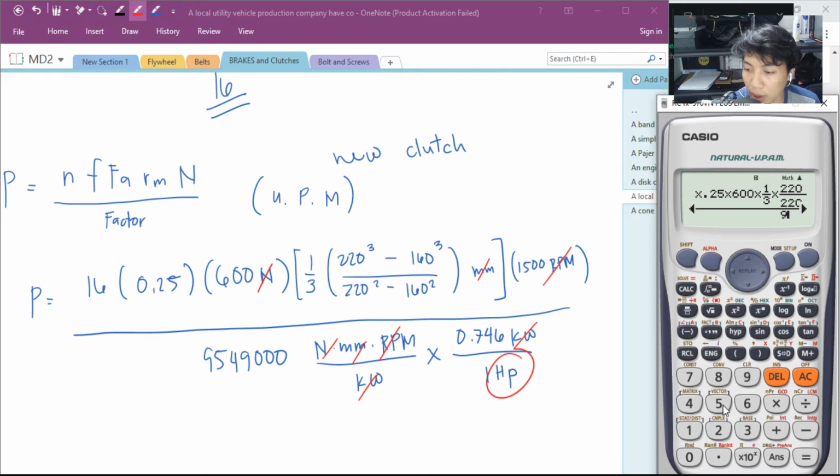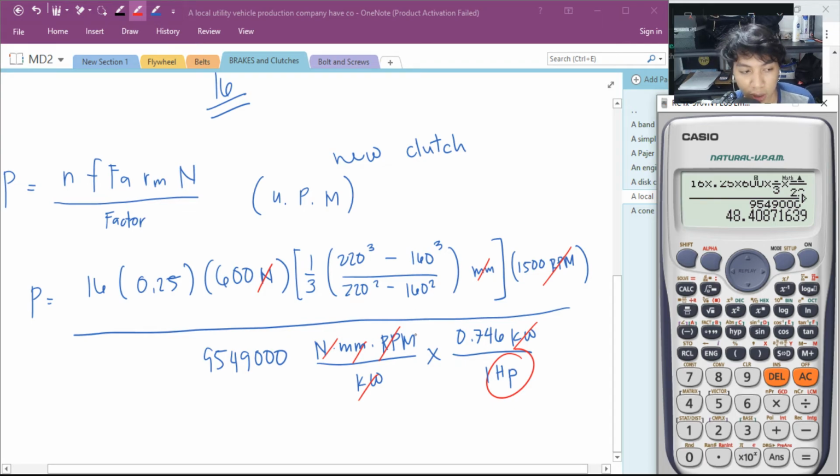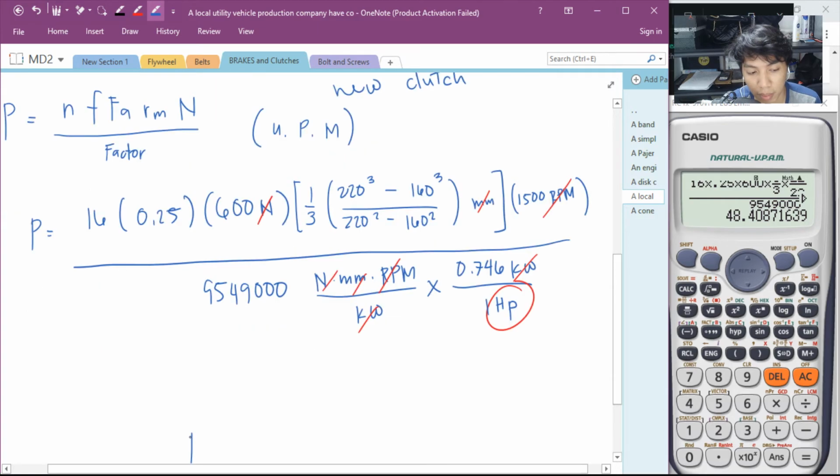And then 9549123 times 0.746. The horsepower rating ng clutch mo is 48.41 HP. That is for the second problem.